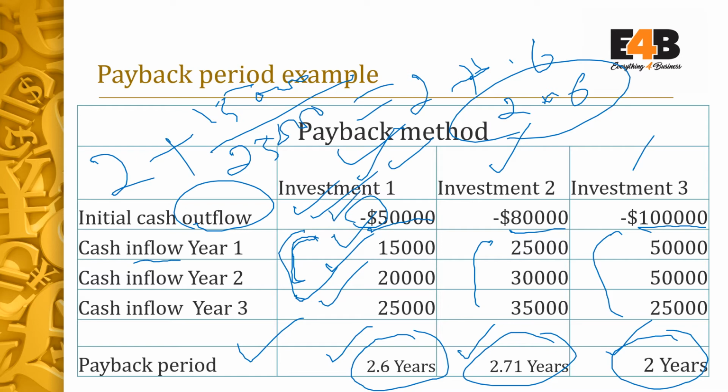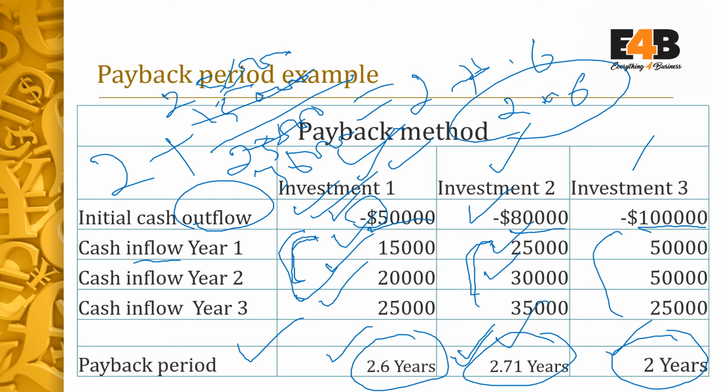Okay, same is for this one. We get 2.71 years because 25,000 plus 30,000 is 55,000, and we need 80,000 to recover. So still we need 25,000, and we will use this formula, 25,000 divided by 35,000, and we will get 2.71.